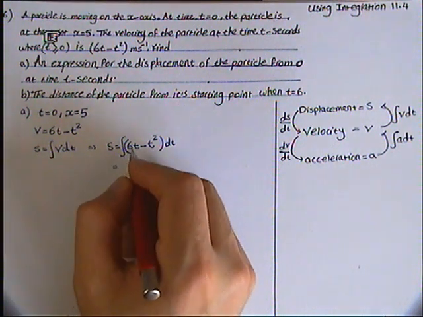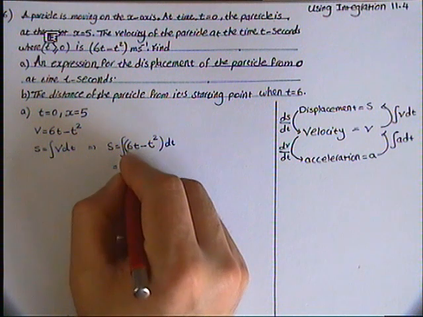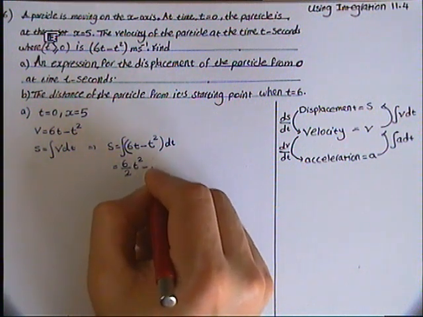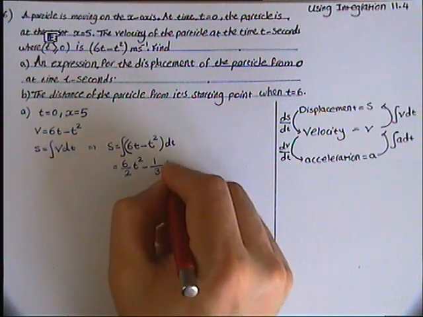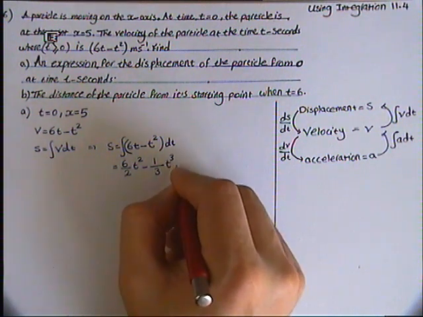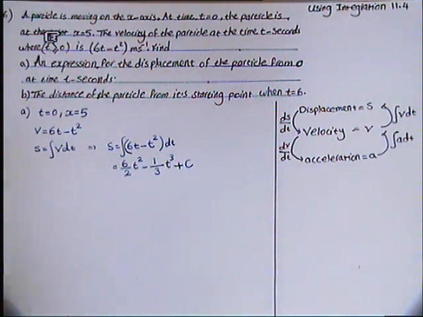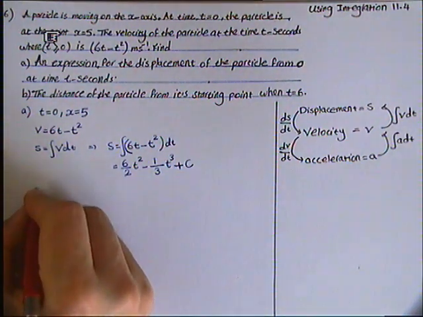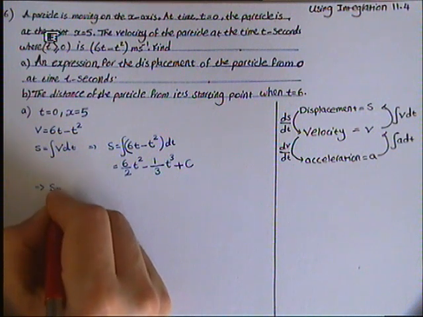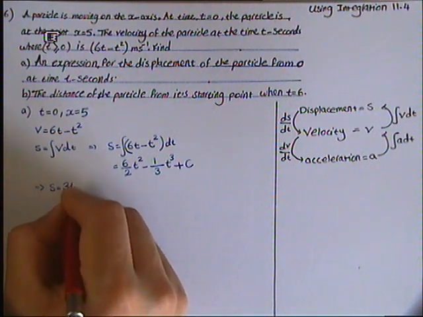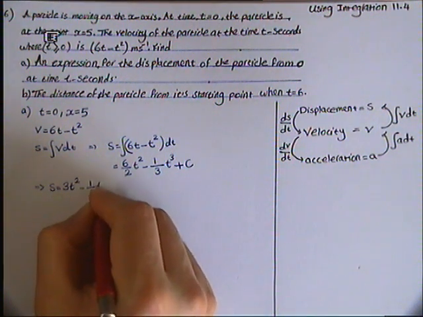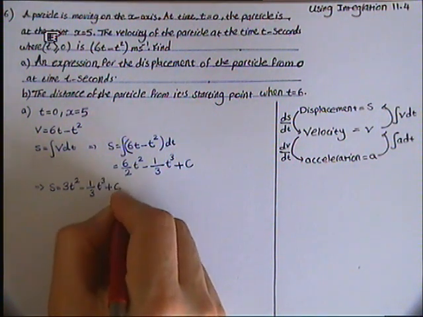Integration of 6t with respect to t is 6 over 2 t squared, minus 1 over 3 t cubed. Don't forget plus c, where c is a constant. So let's simplify. Therefore, S, the displacement, is equal to 3t squared minus 1/3 of t cubed plus c.